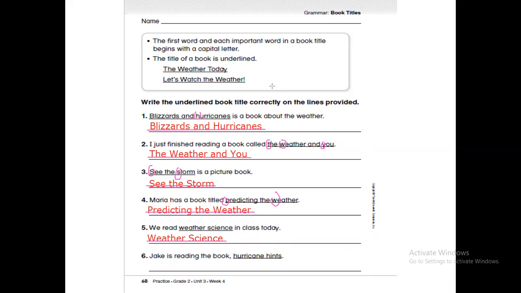So we will capitalize hurricane and hints. Both of them. Hurricane Hints. And underline the title of the book. Underline it with your ruler.